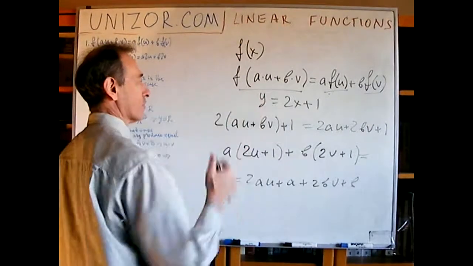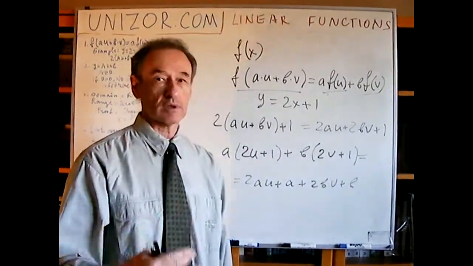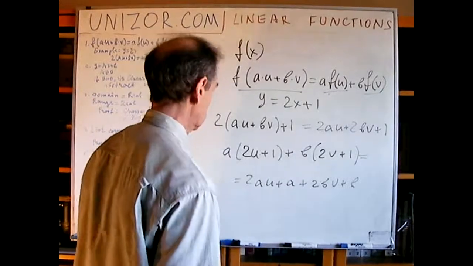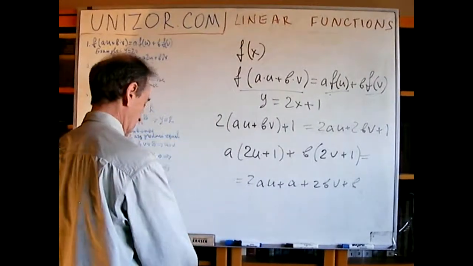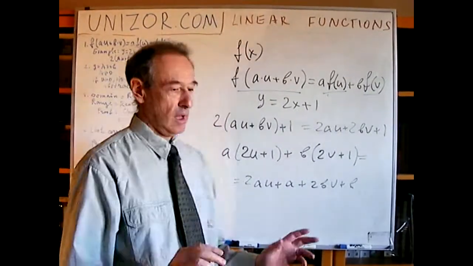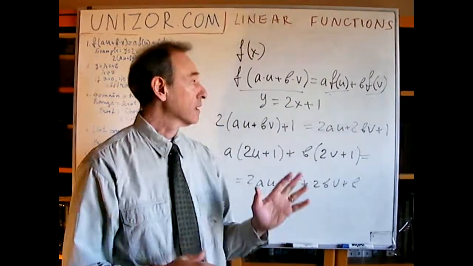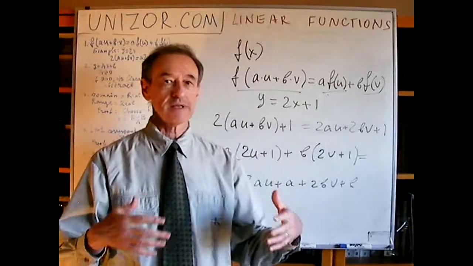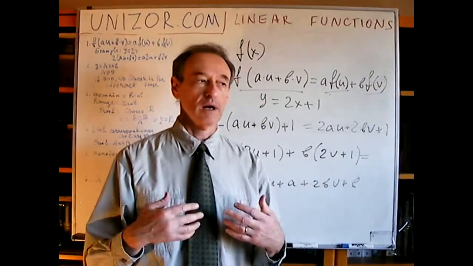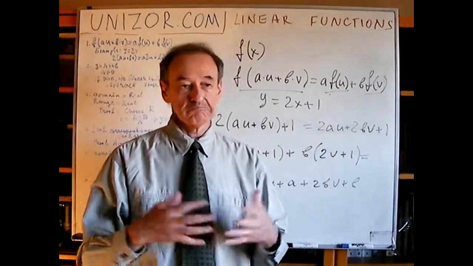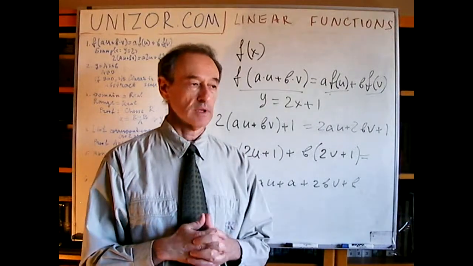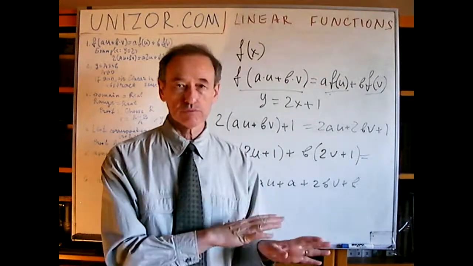So, this function, in this abstract sense, is not linear. However, what I would like to say right now is the following. Usually, this type of function is considered to be linear in high school and in some other places, and I will talk about why.